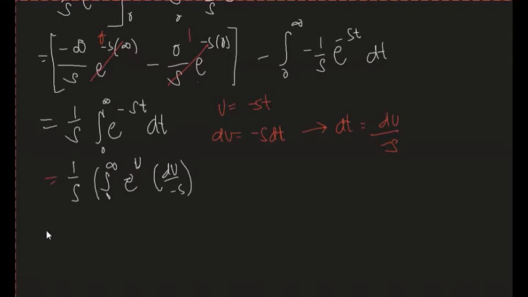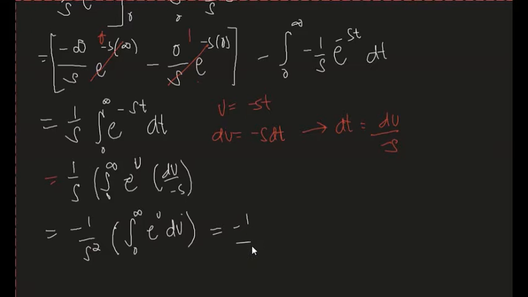So this is equal to, in our equation, we can take out 1 over negative s. So this will be equal to negative 1 over s squared, multiplied by the integral from 0 to infinity of e raised to u du. So, let's perform the operation.